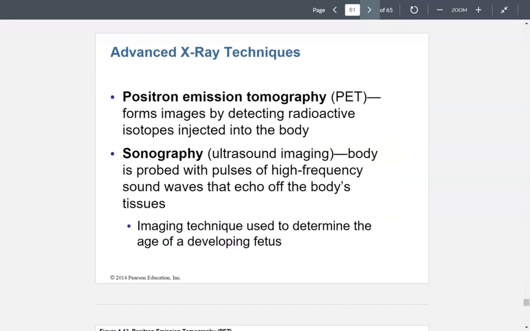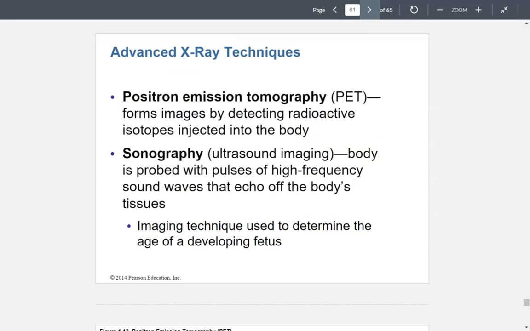This can be done to determine if the spleen is enlarged, the liver is enlarged, the gallbladder is enlarged. It can also be done with the heart, actually. It is a non-invasive procedure.